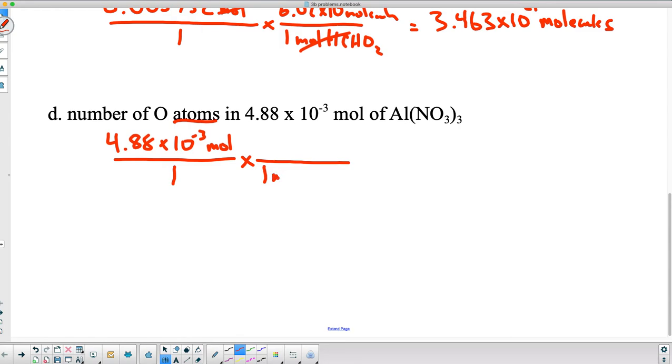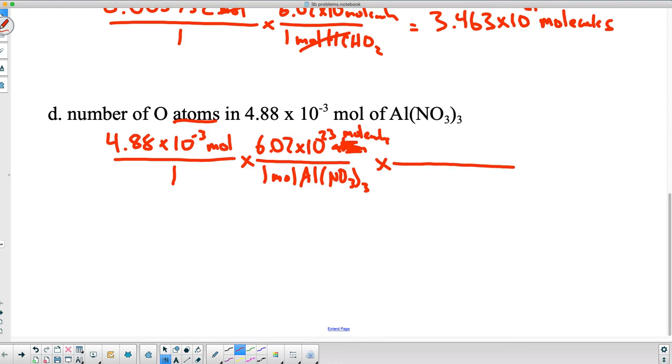This is, again, 1 mole on the bottom of aluminum nitrate, and 6.02 times 10 to the 23rd atoms. Now, we're looking for the number of oxygen atoms, so actually what we're going to find here will be the number of molecules first, and then I'm going to do one more calculation.